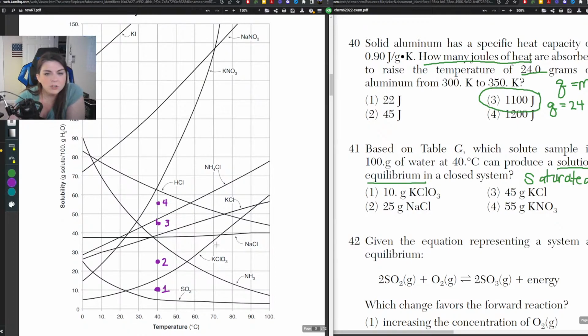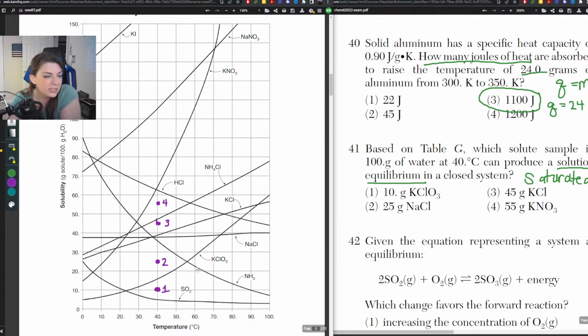The question is, which of these is going to give me a saturated solution or have a solution equilibrium? For a saturated solution, it means that one of those data points is above that particular substance's line on the table. So, for example, is the dot labeled 1 higher than the line for KClO3? No, it's not.